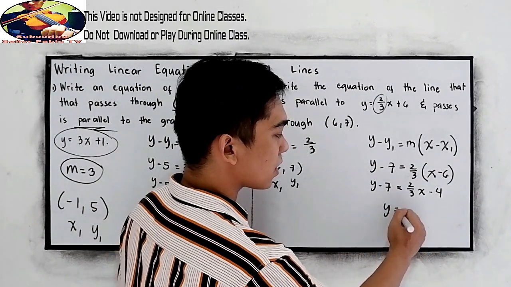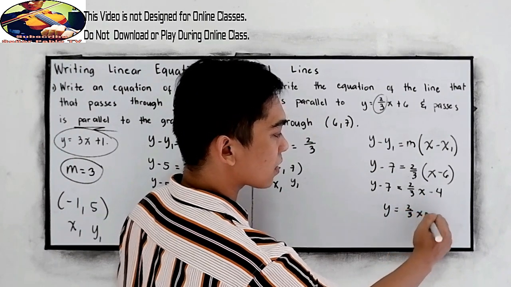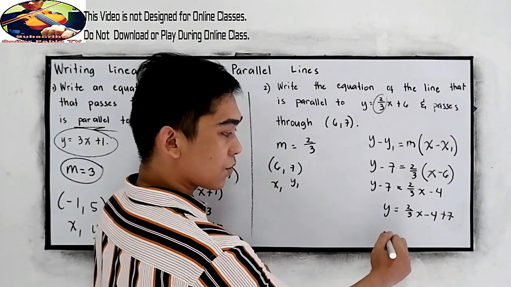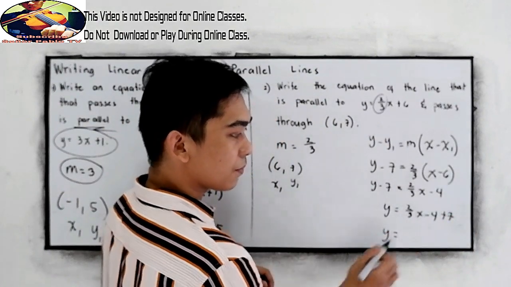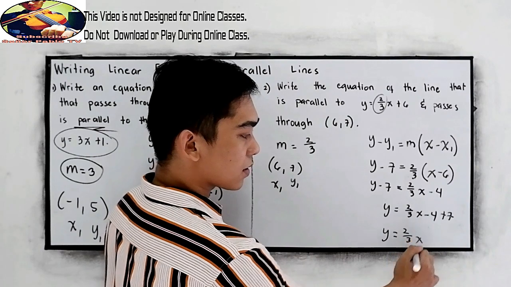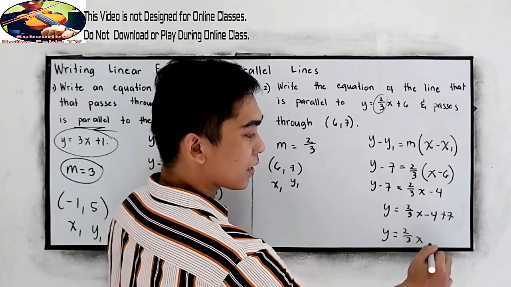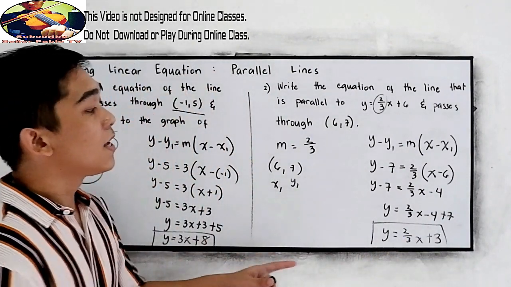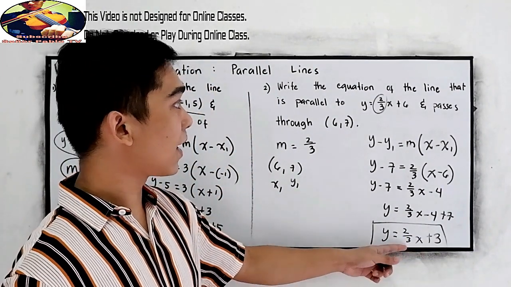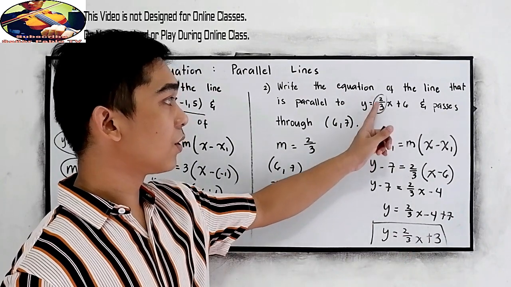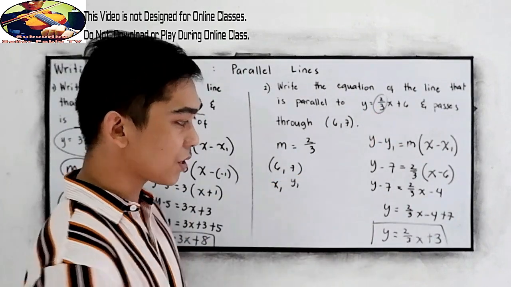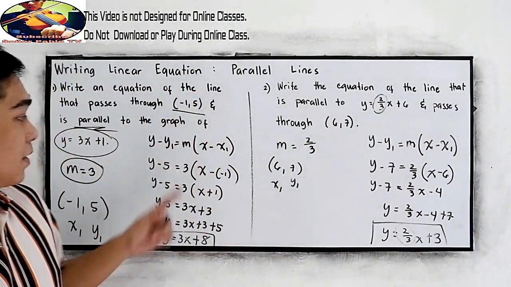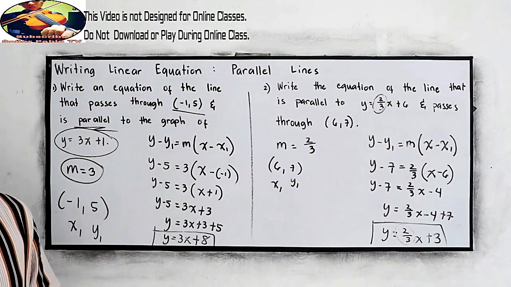So y is equal to 2 over 3x minus 4 plus 7. So we now have y is equal to 2 over 3x, -4 plus 7, positive. This is now the line that is parallel to 2 over 3x plus 6. Notice that we have the same slope for parallel.